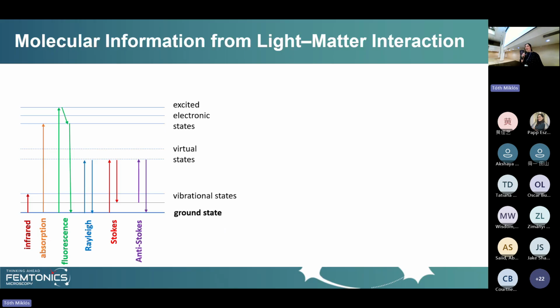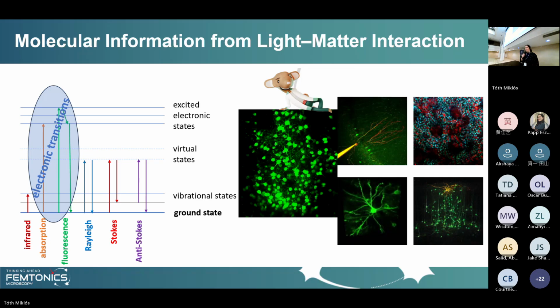To begin, I would like to place SRS microscopy into a broader context of light-matter interaction. When light interacts with a material, several different optical processes can occur, depending on the energy structure of the material and on the type of excitation.